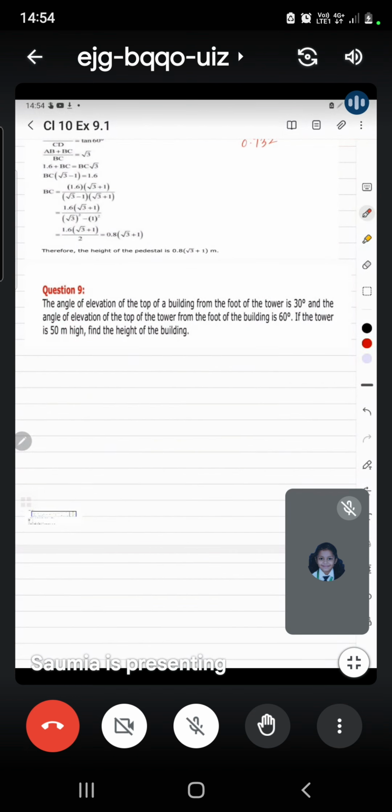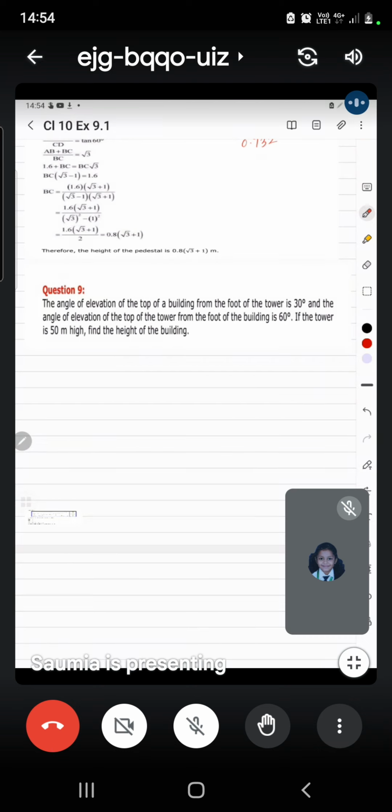The angle of elevation of the top of a building from the foot of the tower is 30 degrees. And the angle of elevation of the top of the tower from the foot of the building is 60 degrees. If the tower is 550 meters high, find the height of the building.